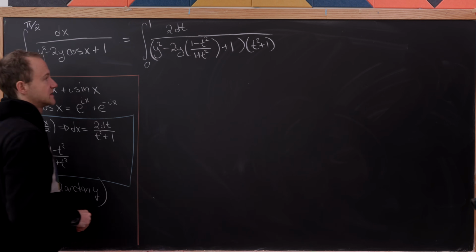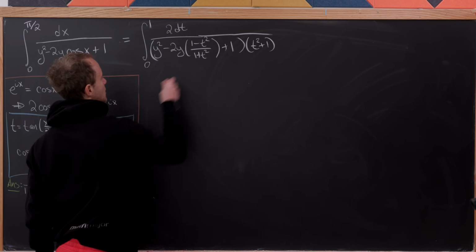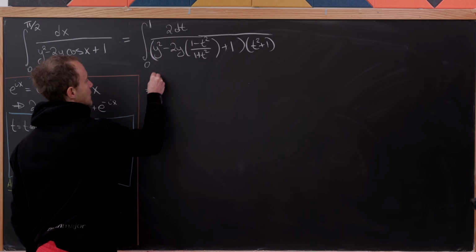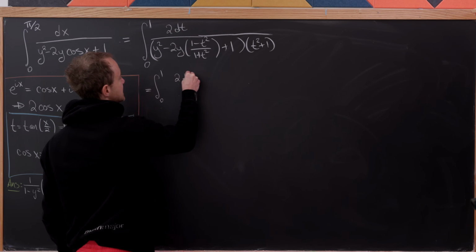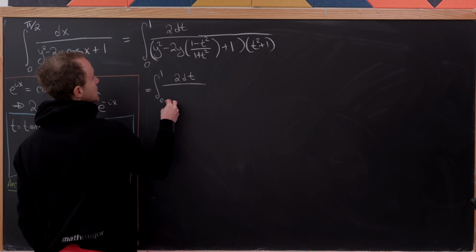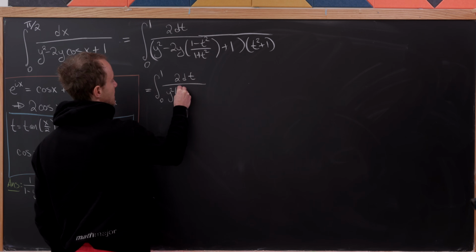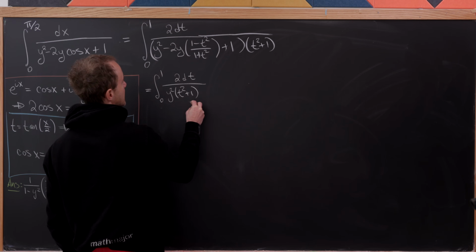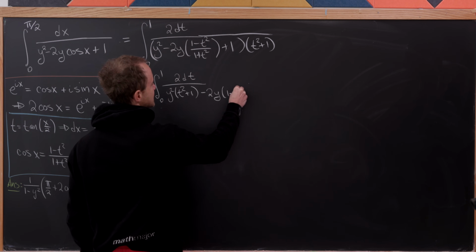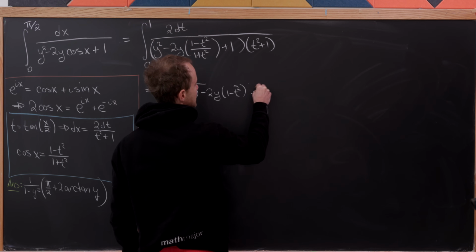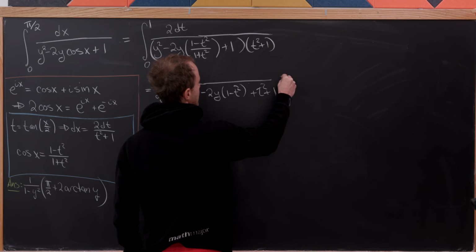So that's pretty nice. But now let's multiply out this denominator, and we'll see that we have the integral from 0 to 1 of 2 dt over y squared times t squared plus 1 minus 2y times 1 minus t squared plus t squared plus 1.